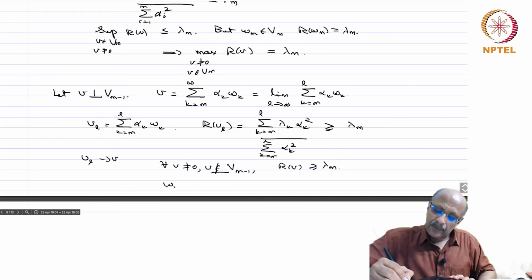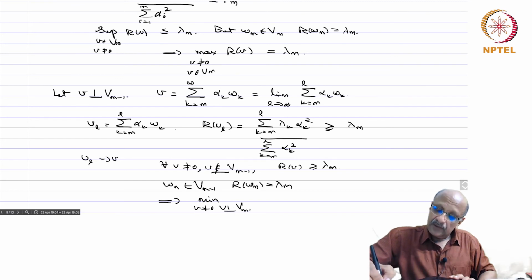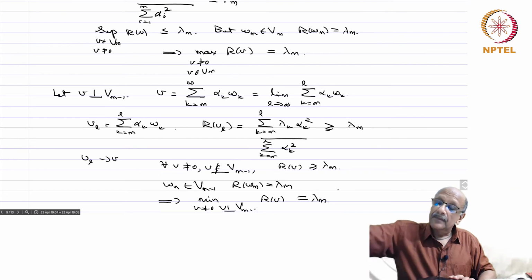And wm again belongs to Vm minus 1, R of wm equal to lambda m, and therefore, this implies that the minimum of R of v, v not equal to 0, v orthogonal to Vm minus 1, is in fact equal to lambda m.